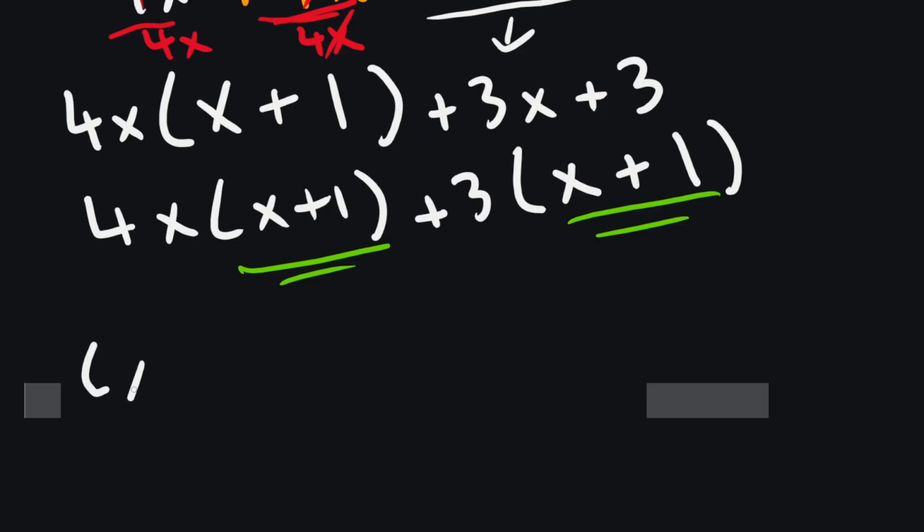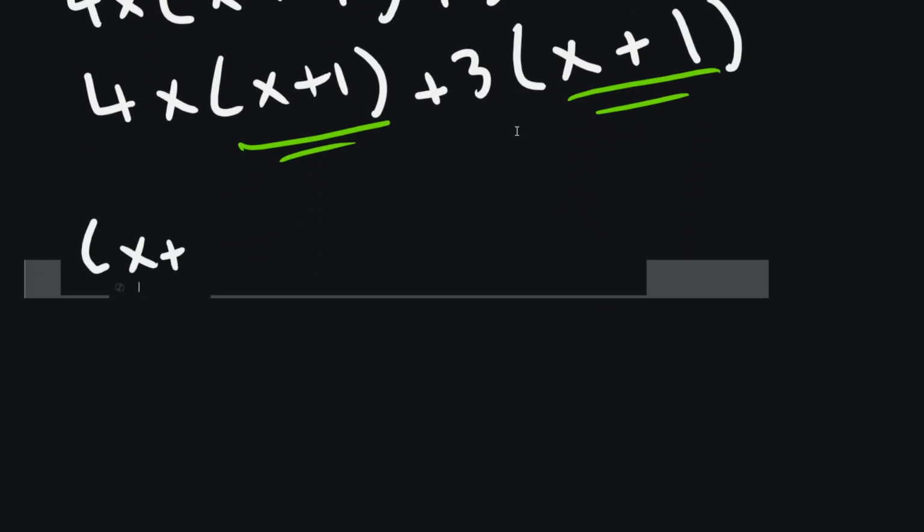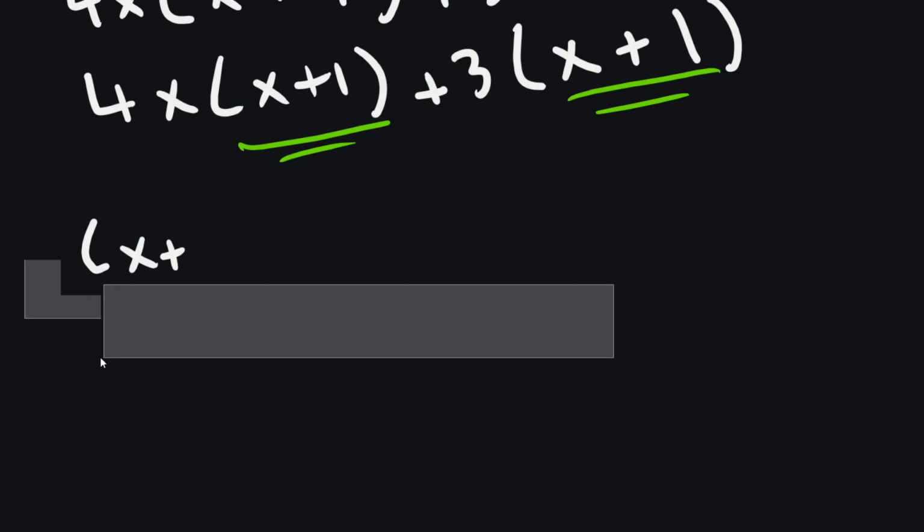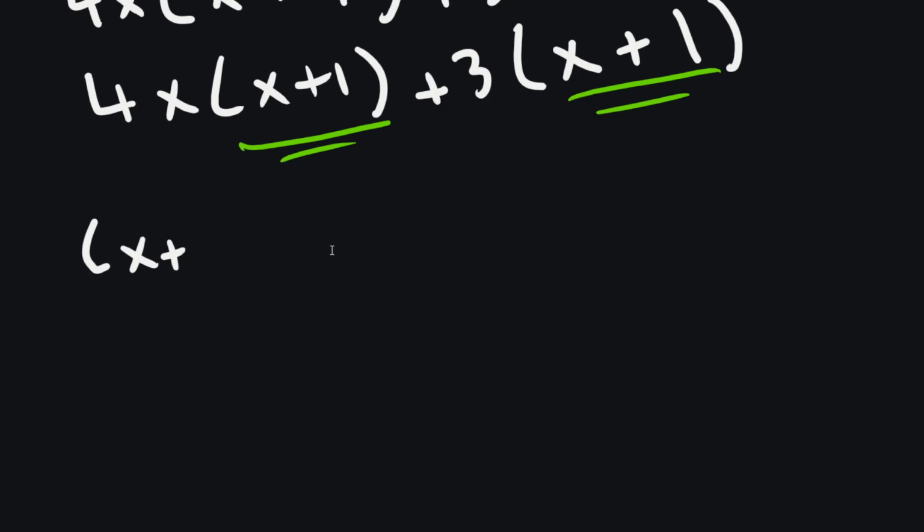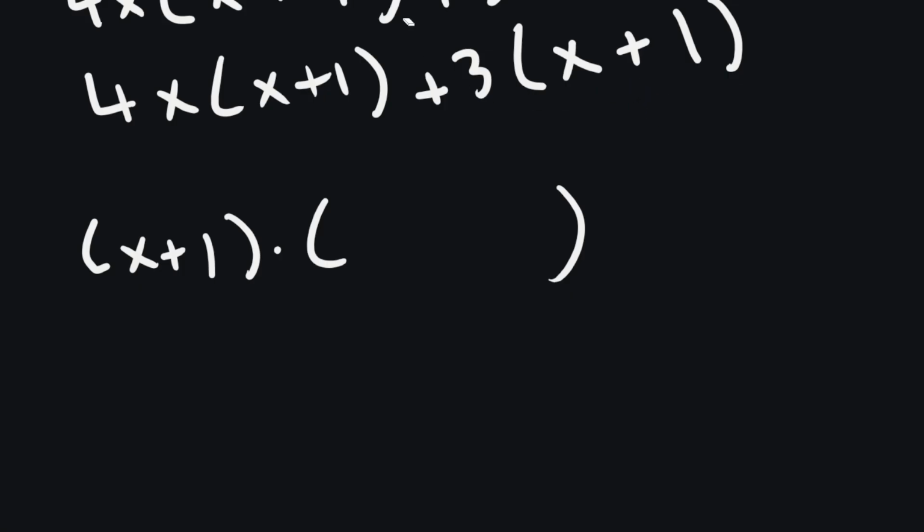So let's take out the x plus 1, so x plus 1 times, and what's left after we factor out the x plus 1? Let's just divide both terms by x plus 1.